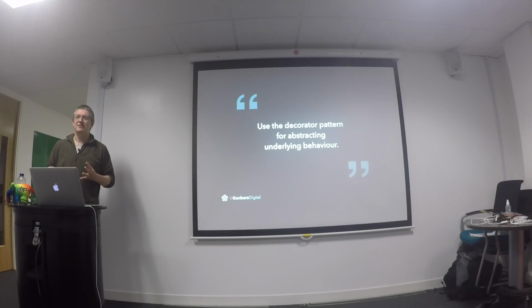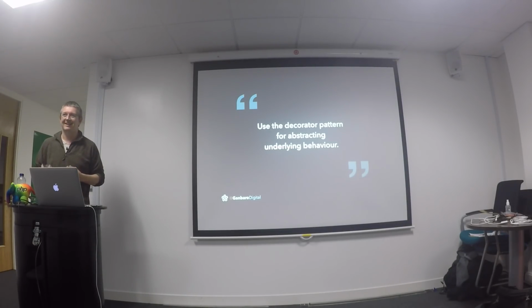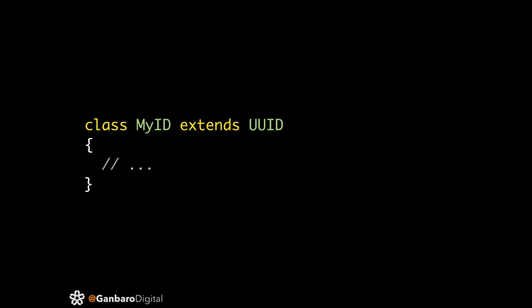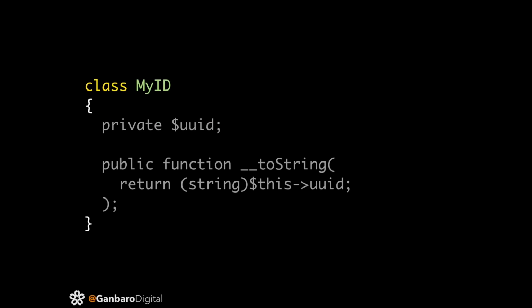Are any of you familiar with the decorator pattern? The hand there at the back. So you'll be able to tell me whether I've got this right or wrong then, which will be awesome. So the idea is, we can't do this, so we create a new class. Doesn't extend from anything. Internally, it has the real ID mechanism, and it provides public methods that internally call through to the underlying ID.